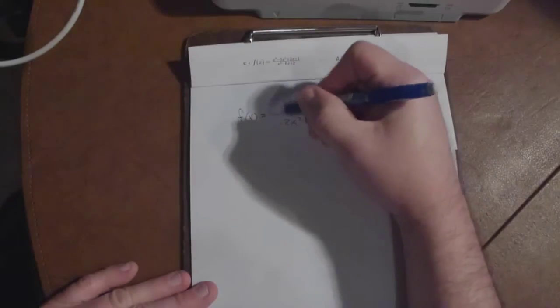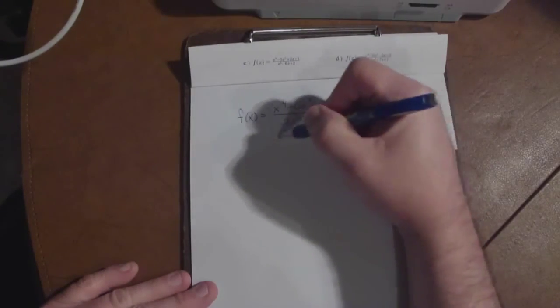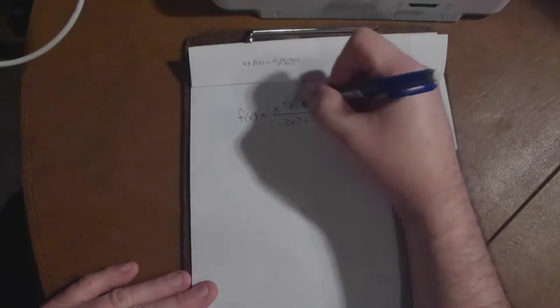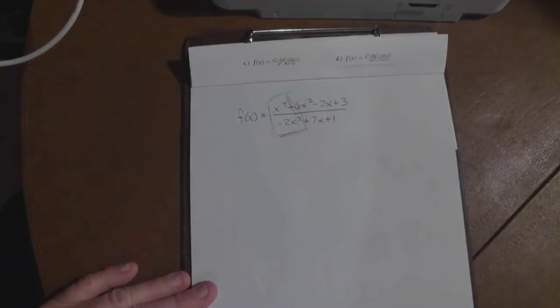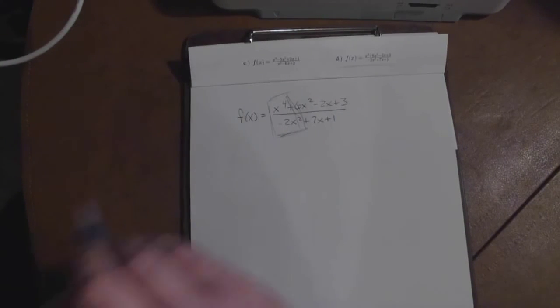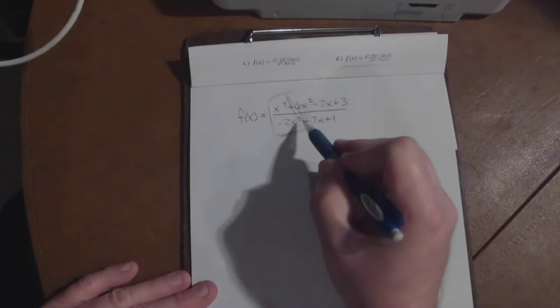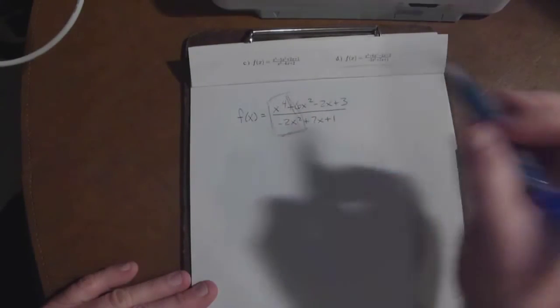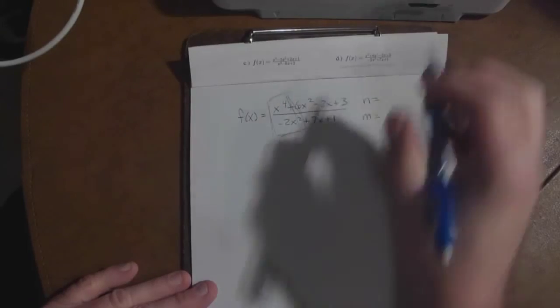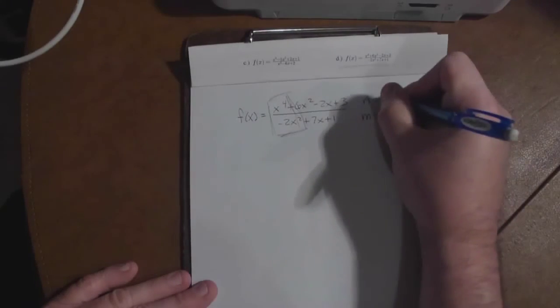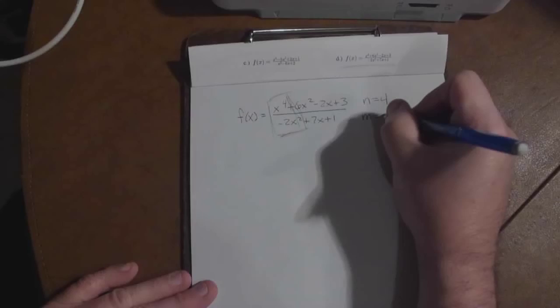Again, the entire analysis focuses on the leading terms in this case. We are going to take note of the degree of the numerator and denominator. Again, the degree of the numerator is 4 in this case, and the degree of the denominator is 2.